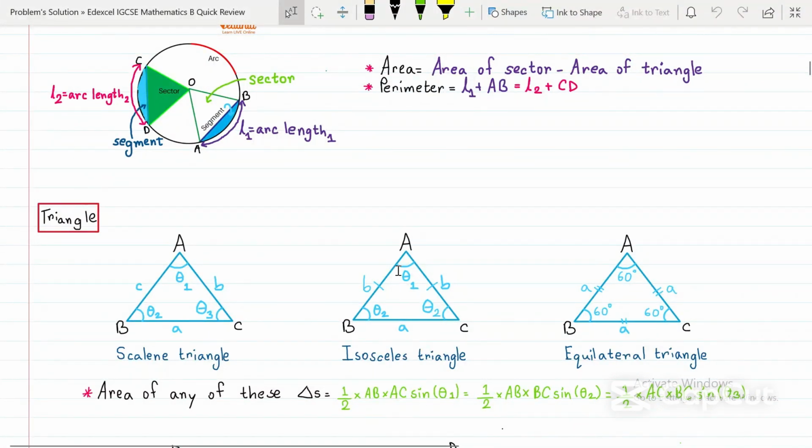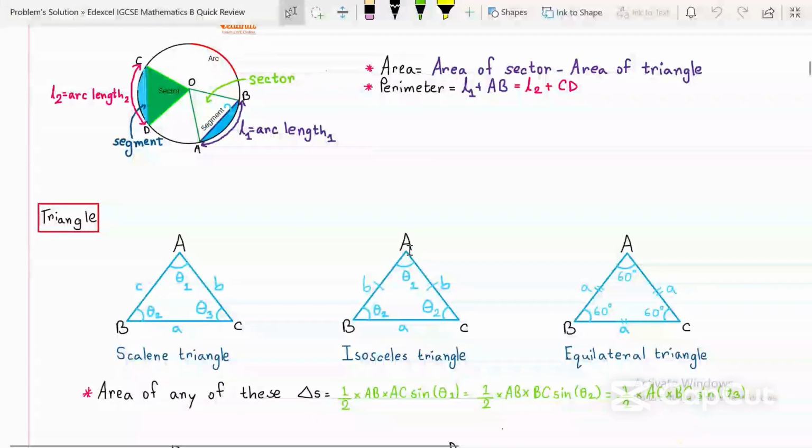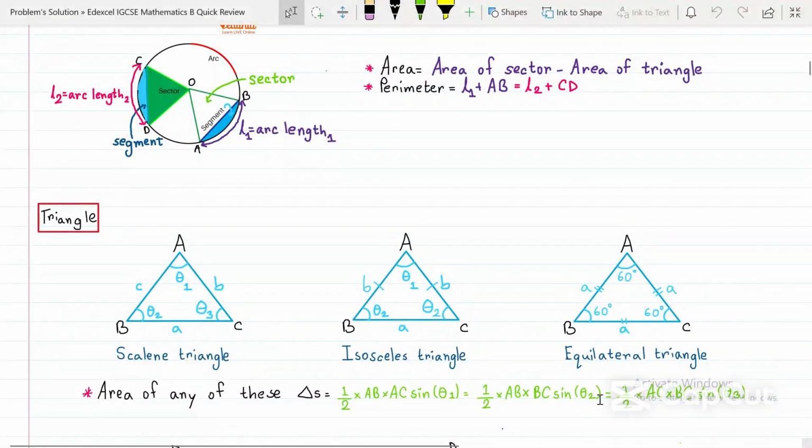If you choose theta 1, you have to multiply the sides AB and AC. If you use theta 2, then you have to multiply the sides AB and BC. And if you select theta 3, you have to multiply the sides AC and BC. Hope you guys are clear.